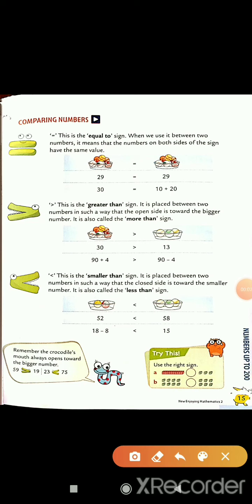Okay, so now our next topic is comparing numbers. Okay, students, this is the equal to sign.